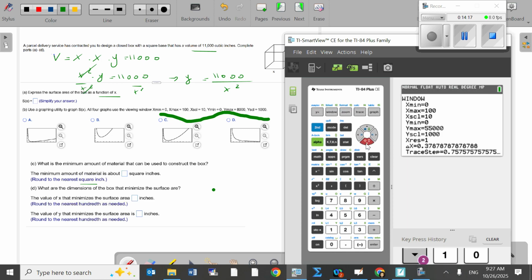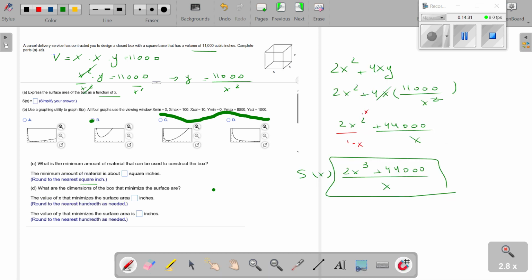And then the y min is 0. Y max is 8,000. And the y scale is 1,000. Now I graph it, and it looks like this one. This is the graph of the function. Okay, next, it's asking us to find the minimum amount of the material.